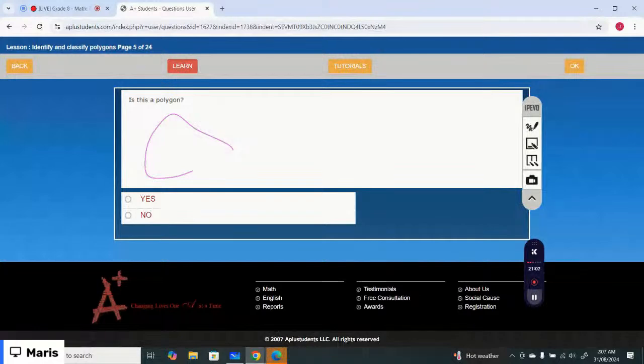Is this a polygon? The correct option is no, this isn't a polygon. So the correct option is no.